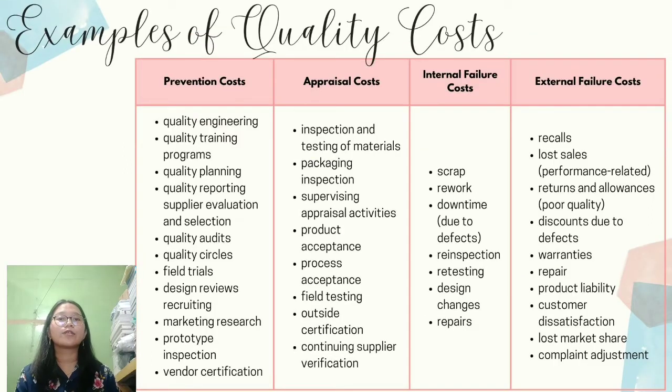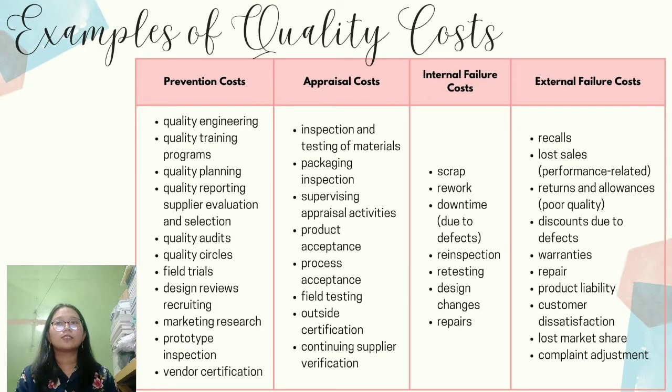We will first define the prevention cost, appraisal cost, internal failure cost, and external failure cost before giving their examples. Prevention costs are the costs incurred to prevent poor quality of the product or the services offered by a company. Appraisal costs are incurred to determine if the quality of the products or the services meets the customer's needs.